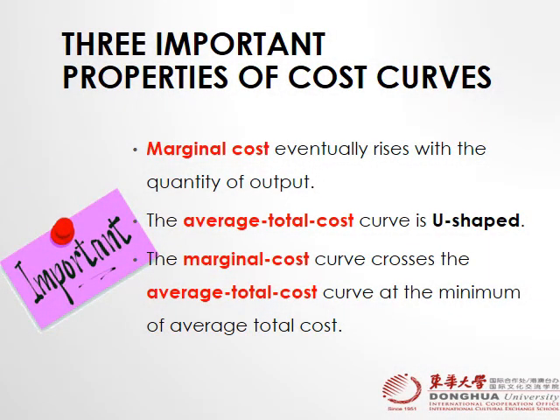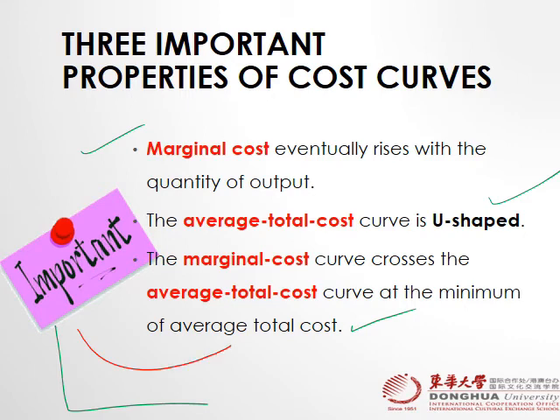We have to memorize the important points, and this is a very important point: the marginal cost curve eventually rises with the quantity of output, right? The average total cost is a U-shaped curve. The marginal cost crosses the average total cost curve at its minimum, right? Let me just draw it here.